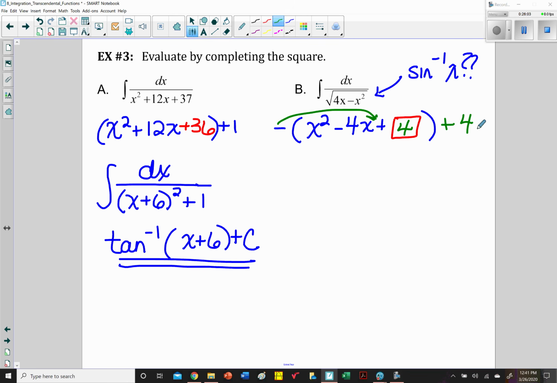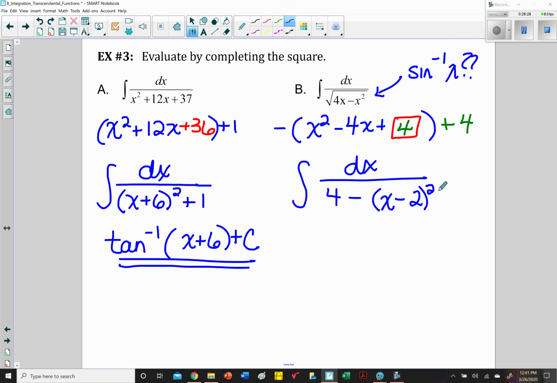So I want to add a 4 to keep that equality there. Okay? So thinking about the denominator that way, we're integrating dx over, let's see, 4 minus x minus 2 squared, right?